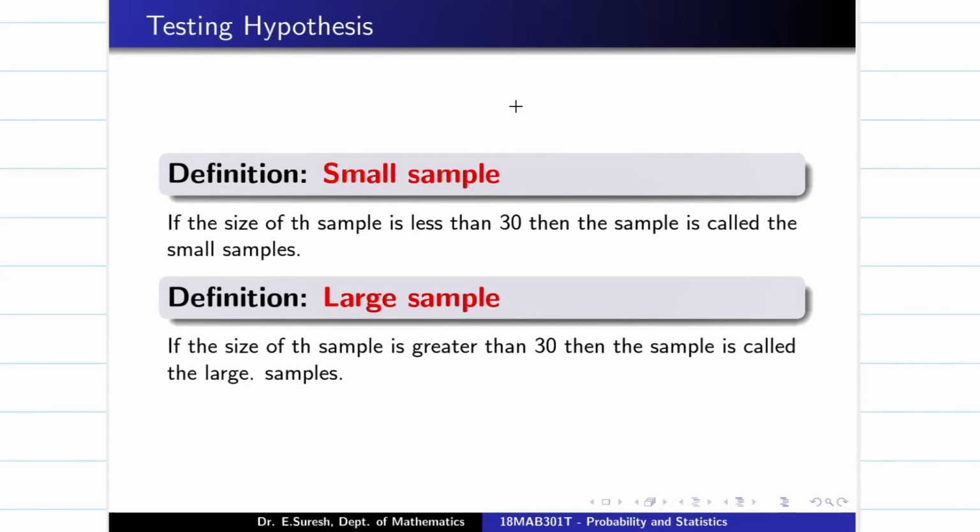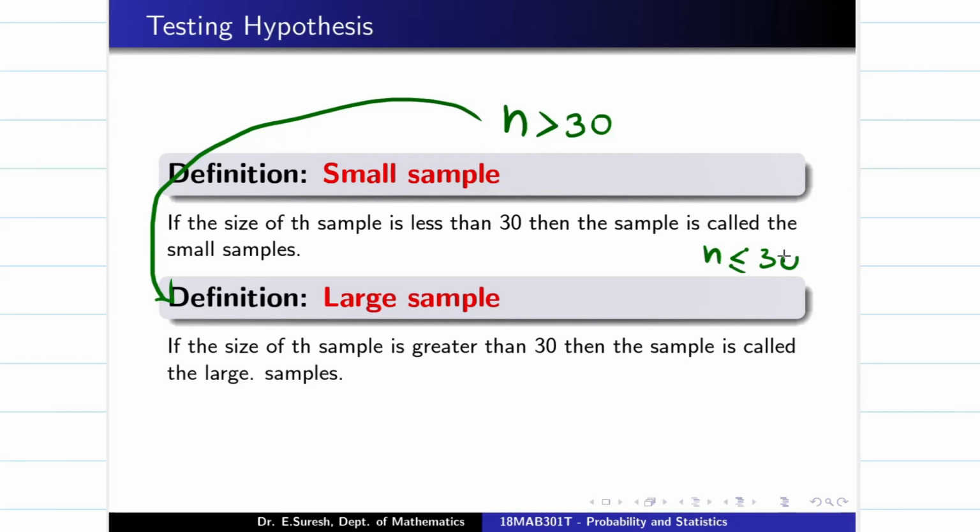Okay, guys. When the sample size is more than 30, it is a large sample. When the size is less than or equal to 30, I can say this is a small sample. That's why we use it like this: small and large sample, n greater than 30.